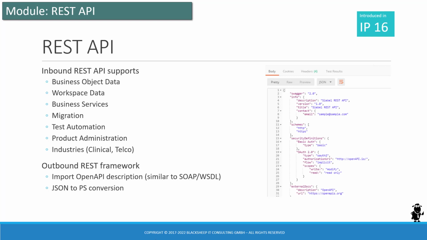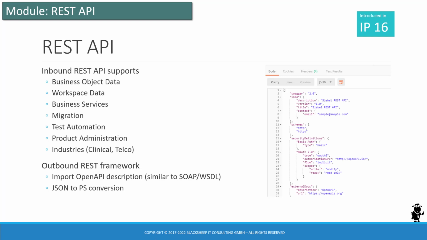So in the REST API module, you will learn everything you want to know about the inbound REST API for business object data, workspace data, business service invocation. The migration application uses REST API, test automation uses REST API, and there's a REST API for product administration and industry specific, such as clinical or telco REST APIs.